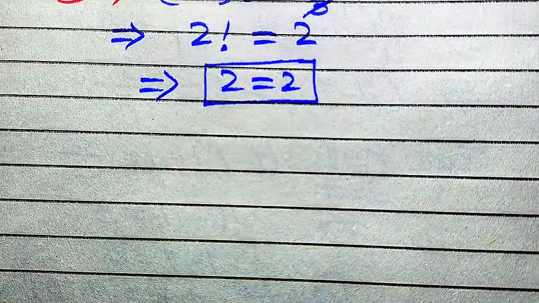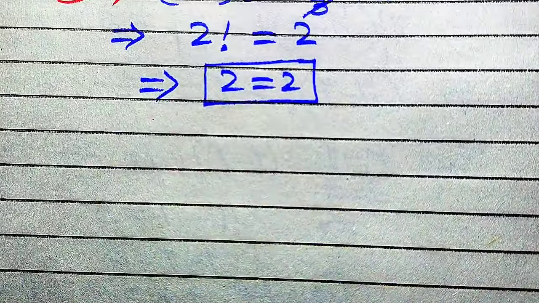Okay, so we know that our x equals b minus 2, and here we substitute this value x equals 3, we put it here, it becomes 3 equals b minus 2, and here we get the required value of b. So when we move this minus 2 to the left-hand side, it becomes b equals 3 plus 2, and finally we get b equals 5. So this is the final value of b which we get here.